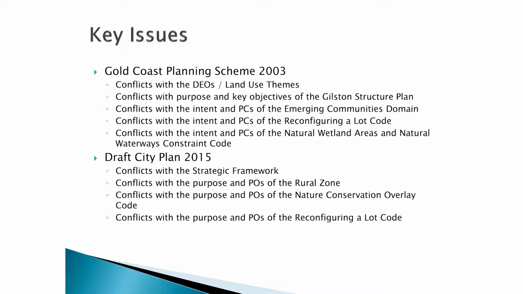We've got the reconfiguring of a lot, and we've got the natural wetland areas and waterways constraint code. In terms of the draft city plan, we'll go to the strategic framework. The strategic framework's the key, but we'll still mandatorily go through the rural zone, the nature conservation overlay code, and the reconfiguring of a lot code.